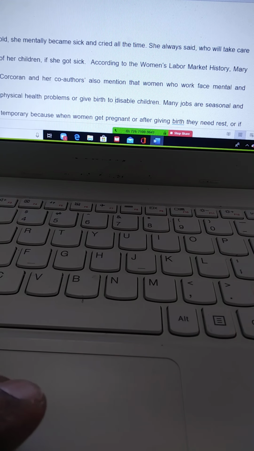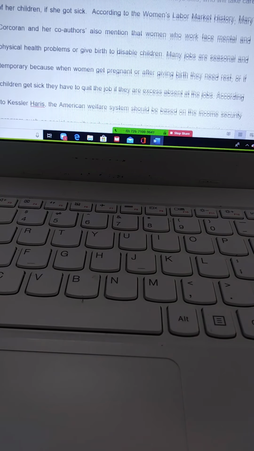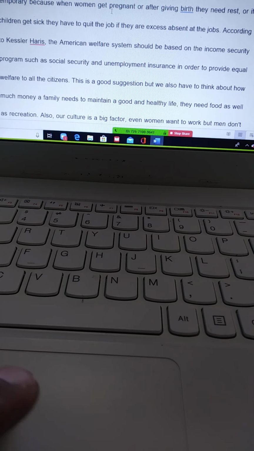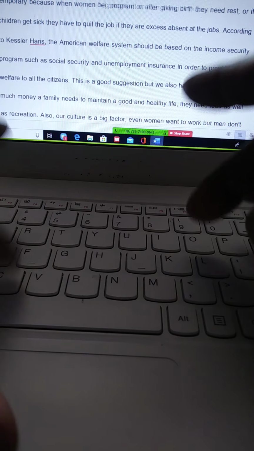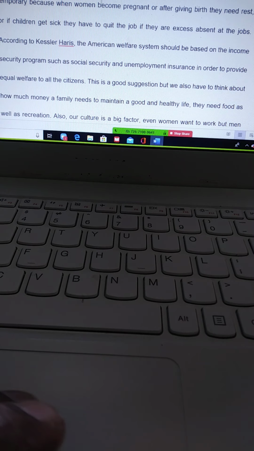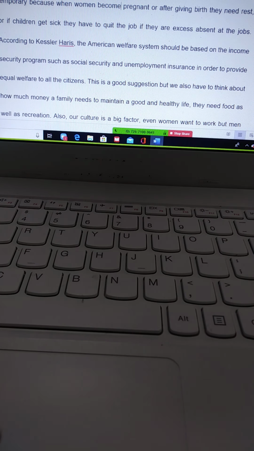Many jobs are seasonal and temporary because when women, it said women get pregnant. So you want to say women become pregnant, or after giving birth they need rest, or if children get sick they have to quit the job if they are excess absent at their jobs.